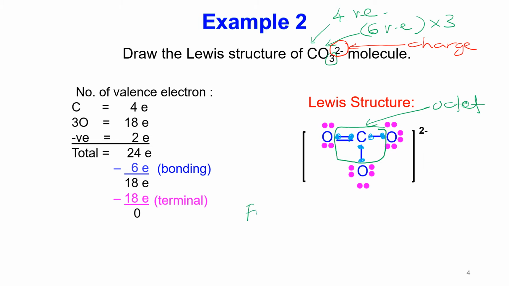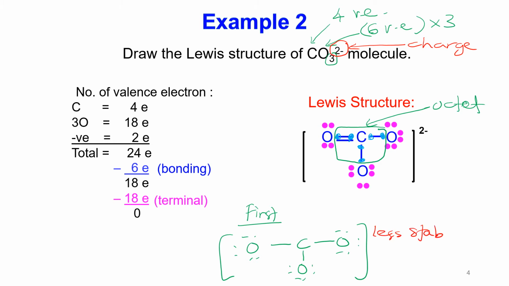The first one, like this, is less stable because carbon is not octet.